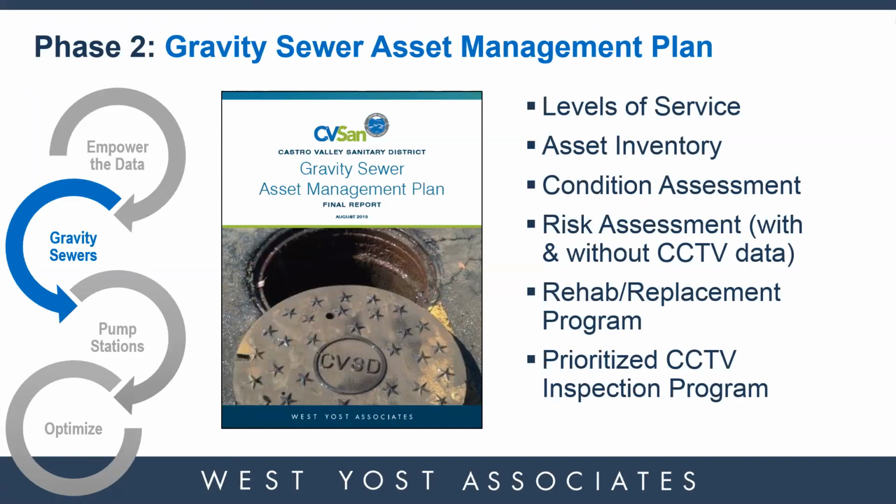It included condition assessment information and a risk assessment, both for pipes that had CCTV data and pipes that didn't. It also included their rehab and replacement program, and it prioritized their CCTV inspection program so that they could close the gaps on collecting the CCTV data as soon as they could for the most important pipes first.